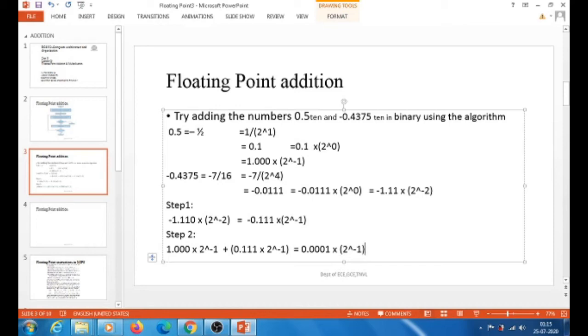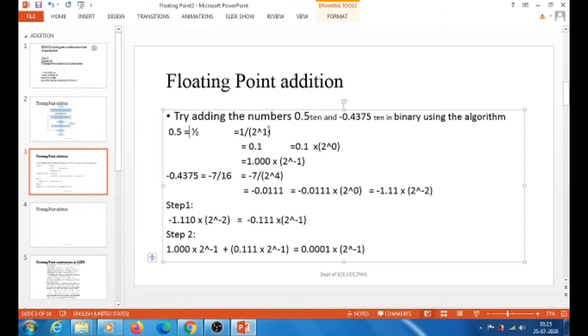Okay, so first step is that we need to convert this decimal into the fraction part. So if I convert this 0.5 into a fraction, it is half. So this is half, this is plus half, okay. So I want to represent this in 2 power. So if I represent this as 2 power, then 1 divided by 2 power 1. It means that the number of digits in the exponent must be placed on the right side of the decimal point.